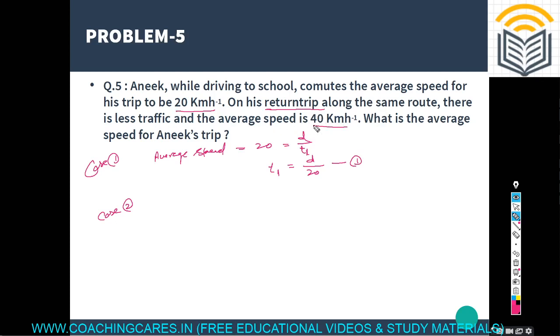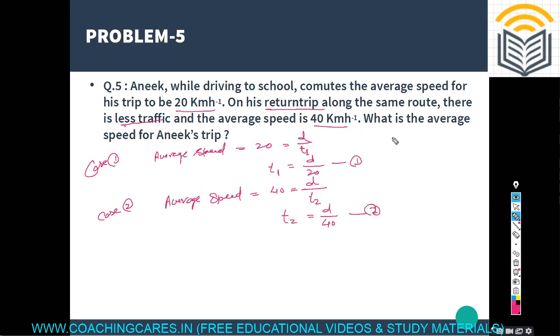In the return trip, average speed is 40 km/h because of less traffic, and the distance is the same d. So average speed 40 is equal to d, the same distance, and time, let us take t2. So t2 is equal to d by 40, which is equation number 2.